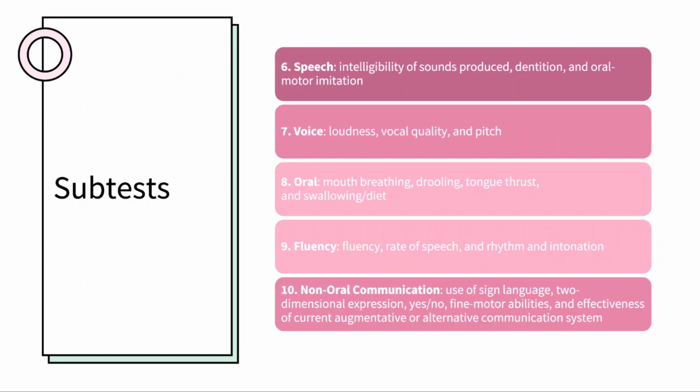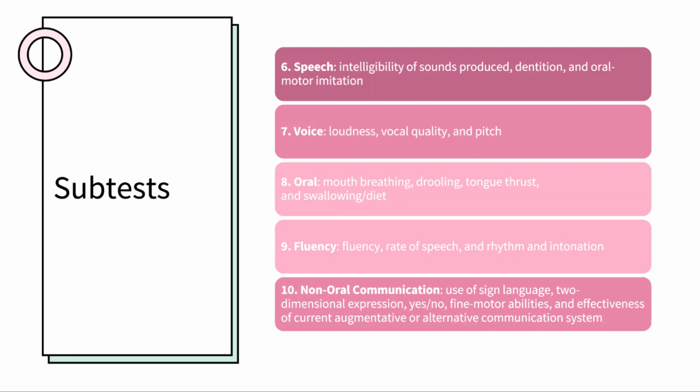Subtest 6 looks at the individual's speech, which includes his or her intelligibility of sounds produced, dentition, and oral motor imitation. Subtest 7 looks at the individual's voice, which includes his or her loudness, vocal quality, and pitch. Subtest 8 looks at the individual's oral status, which includes the presence or absence of mouth breathing, drooling, and tongue thrust, and takes into account the individual's swallowing and diet.